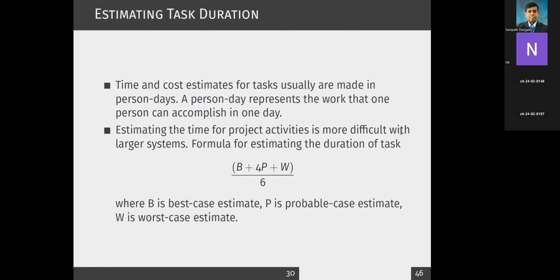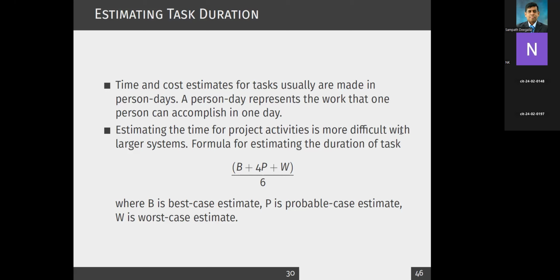The next thing is, once you identify the tasks, you have to identify the estimated task duration. It's something like this. Let's say you are conducting some interviews, collecting some facts. Remember, I told you about the library information system. Let's say we are going to develop a library information system. So we have to gather information to develop it.